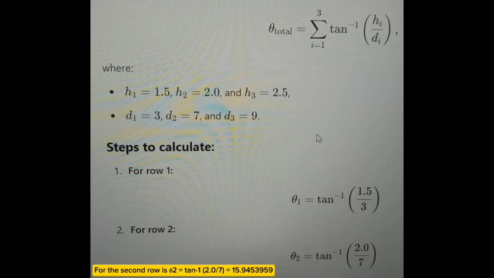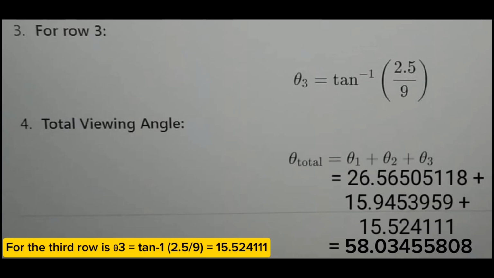For the second row, delta 2 equals tan inverse of 2.0 over 7, which equals 15.94539959. For the third row, delta 3 equals tan inverse of 2.5 over 9, which equals 15.524111.